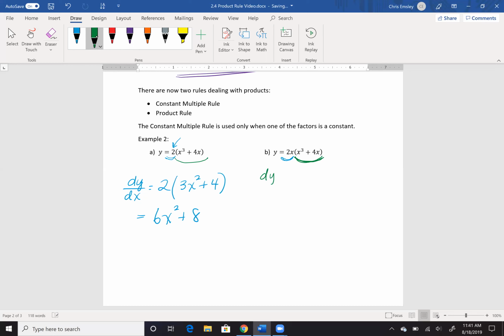So here, dy/dx. We write down the first factor, multiply it by the derivative of the second, write down the second factor, multiply it by the derivative of the first. And then we'll go ahead and distribute.